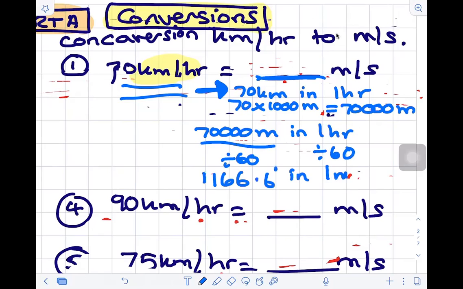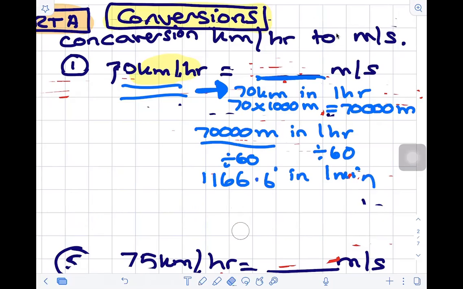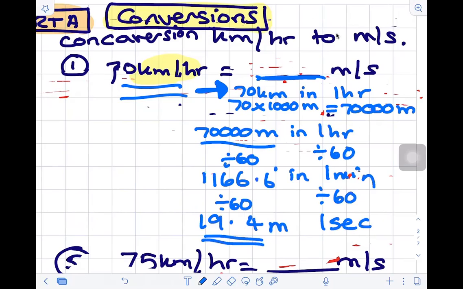So I'm just going to keep that in my calculator. And then I'm going to now do it for 1 second, which would be less time. That's why I'm going to divide. So if I divide by 60 again, I get 19.4 recurring meters in 1 second.